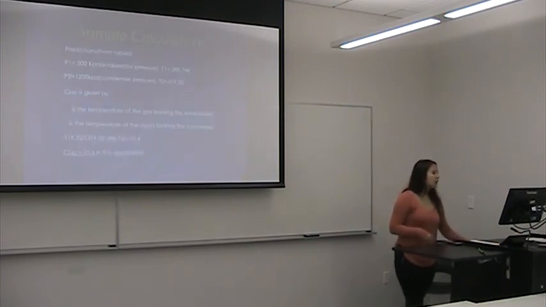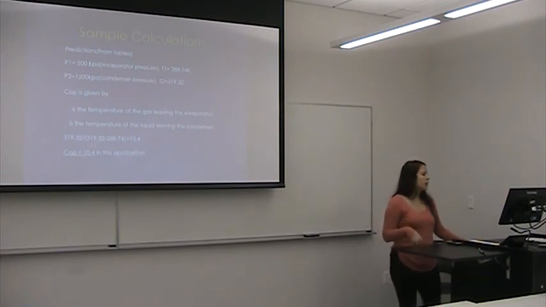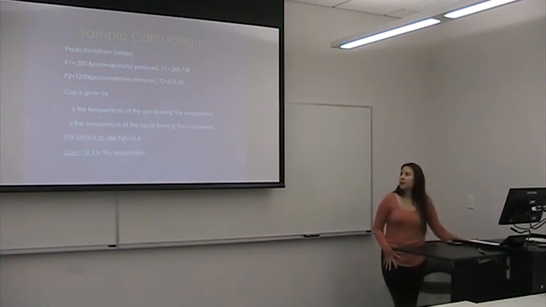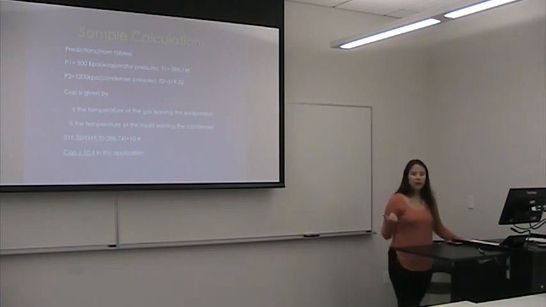The sample calculations: it was a prediction to calculate the COP. I took different values from the table. I said P1 is 500 kPa, the evaporator pressure, and actually the temperatures were in Celsius and I converted to Kelvin. So at P1, T1 is 288.74, then P2 is 1,200 kPa, the condenser pressure, and then temperature 2 is 397.32.